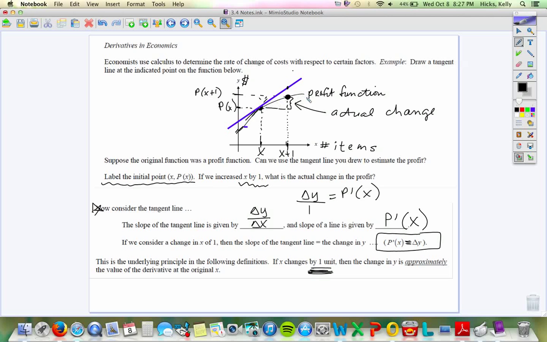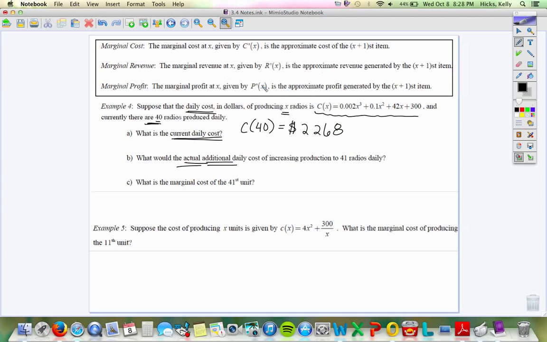We're actually on the function here, so we're just going to plug in. We don't always have this easy function, but right now we do. So the actual additional daily cost is just the cost to produce 41 minus the cost to produce 40, and that is going to give us $59.94.